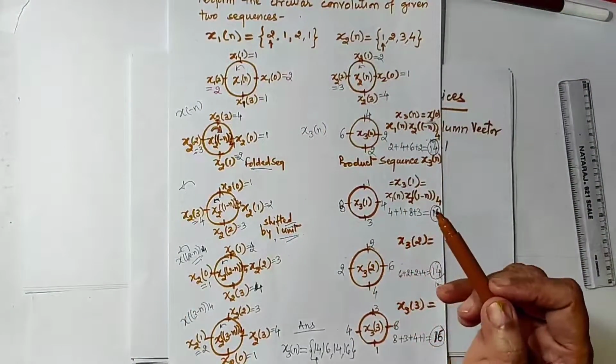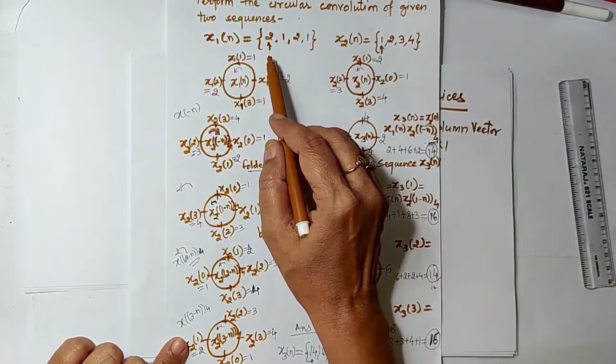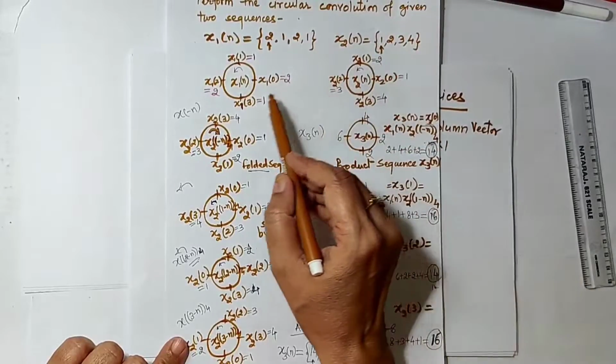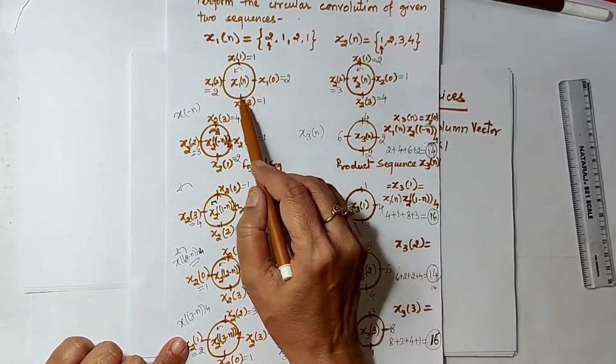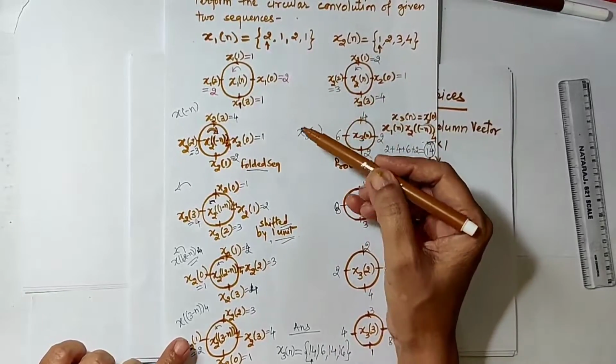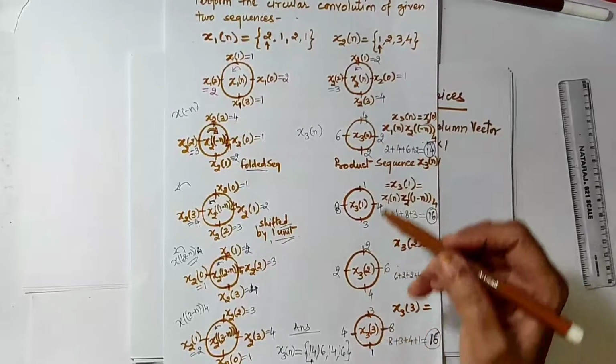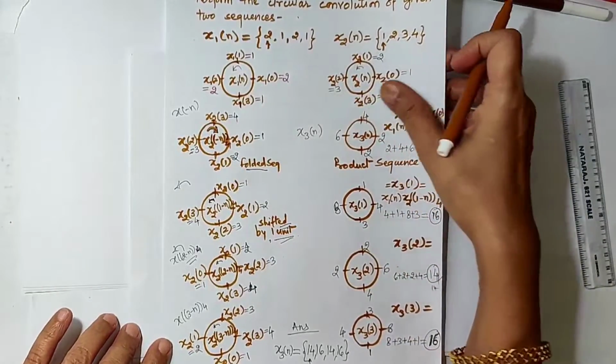To perform this circular convolution graphically, we represented the two sequences x1(n) and x2(n) with these values, then performed it and got the answer. This x3(n) is 14, 16, a 4-point sequence.